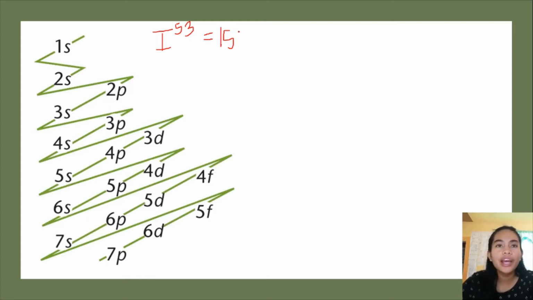So we have agreed that S has a maximum of 2 electrons. So pwedeng maging 1s1, o kaya pwede rin maging 1s2. Depende po kung ilan ang hinahanap nating electron. But since we're looking for 53, then therefore, lagay natin lahat yan.